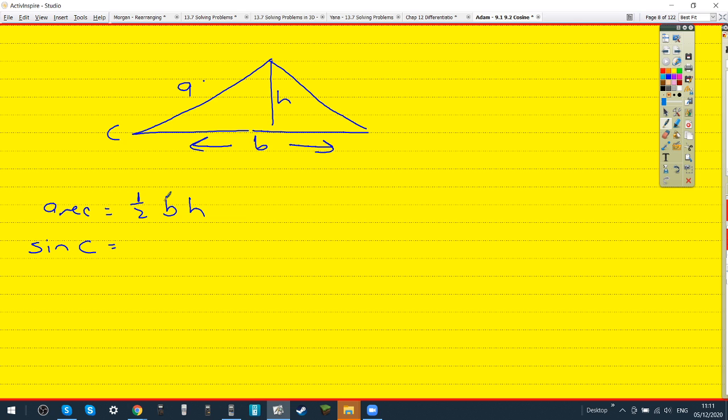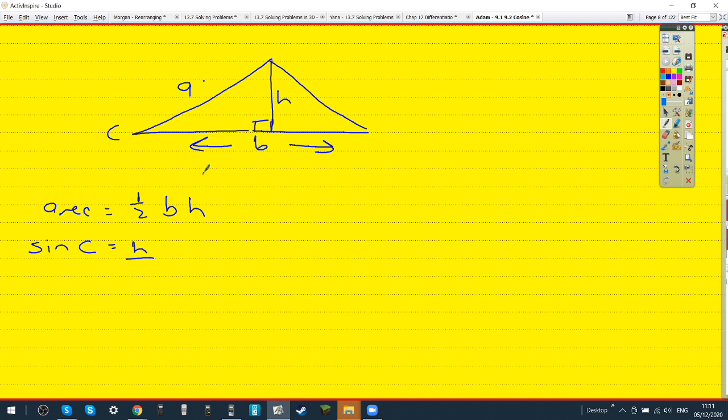It'll be letters. Sine C is opposite the height, so it'd be H. Yeah, opposite over hypotenuse.